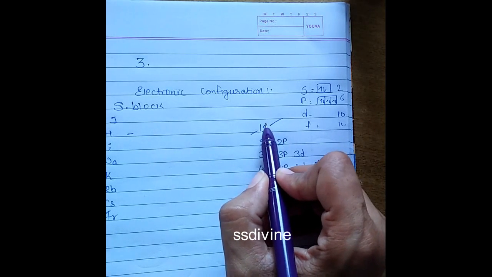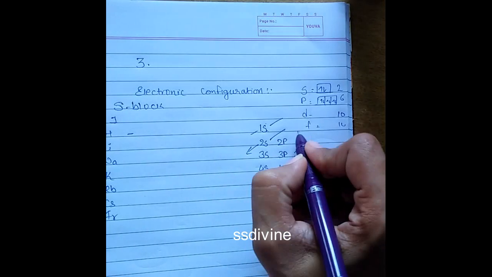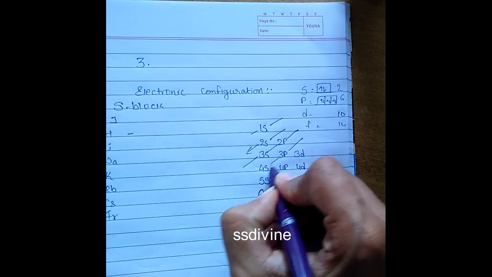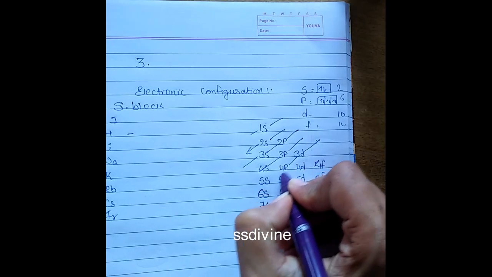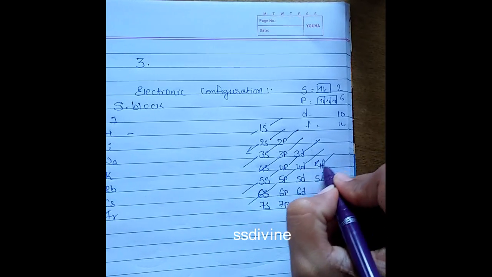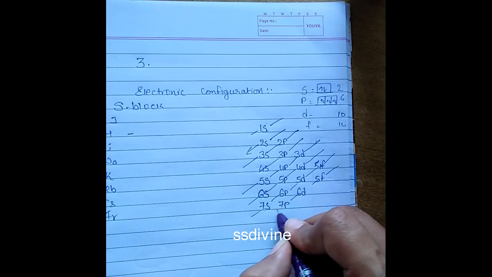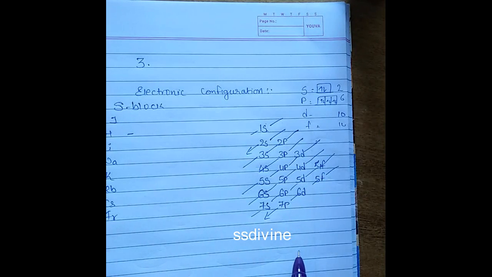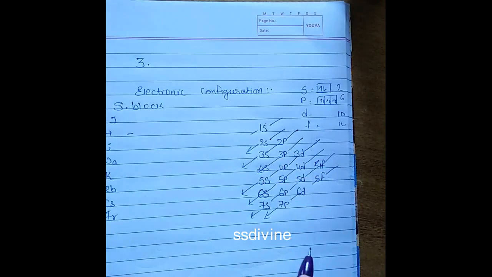After having 2 electrons in 1s, it will move to 2s, then it will go to 2p, then 3s, then 3p and 4s. After 4s, the electron will enter in 3d orbital like this, right? So this is how you can learn. If you don't remember how the electrons can be filled, you can go through this figure. It is very easy and slowly you will learn, right?